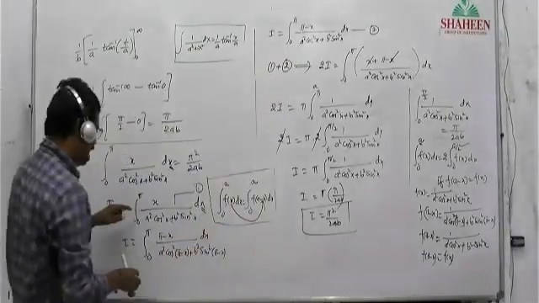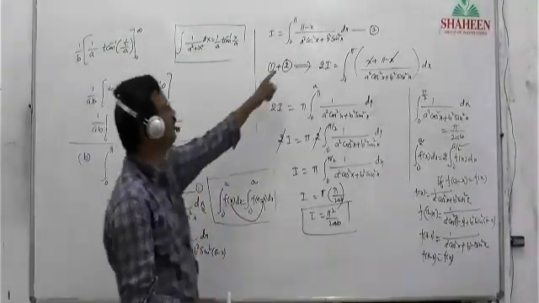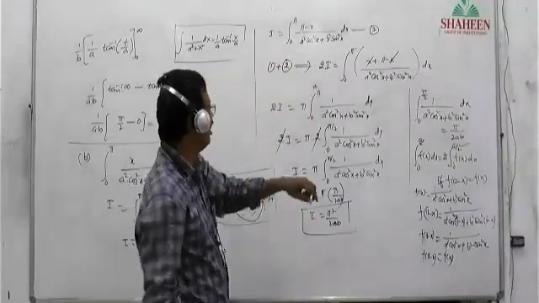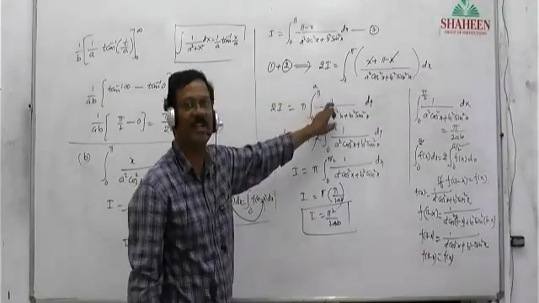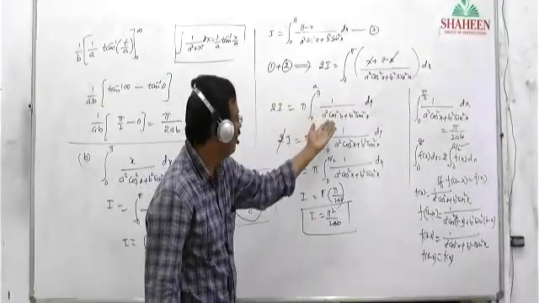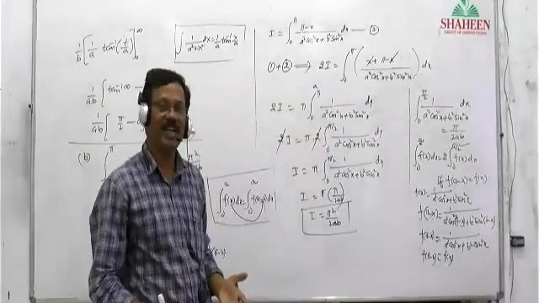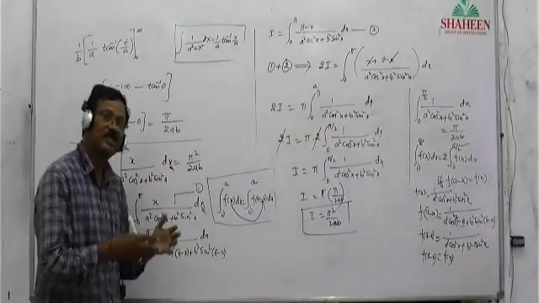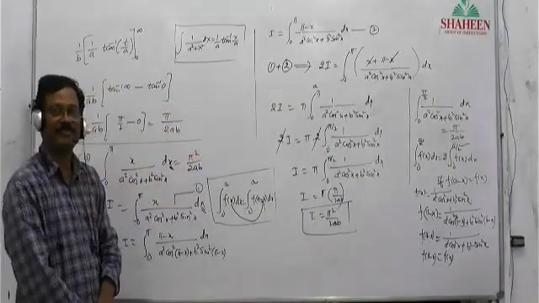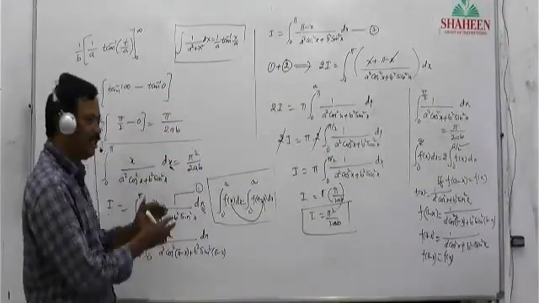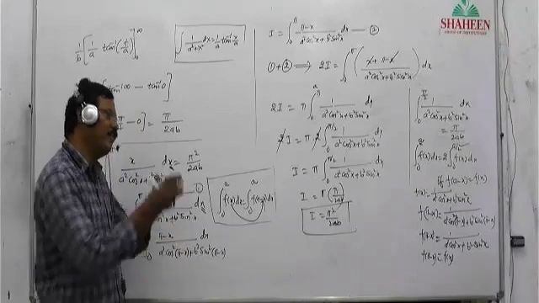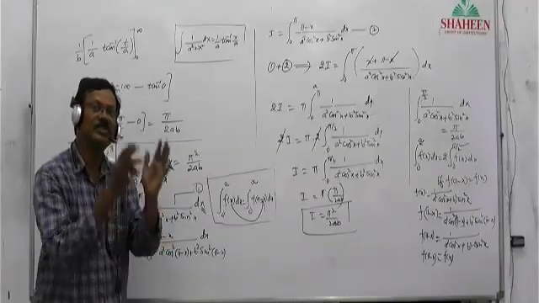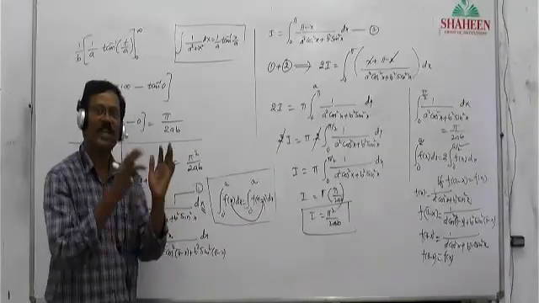Adding the two equations 1 and 2, x is eliminated in the numerator. Our target is to eliminate the x in the numerator. Then only we get the solution.